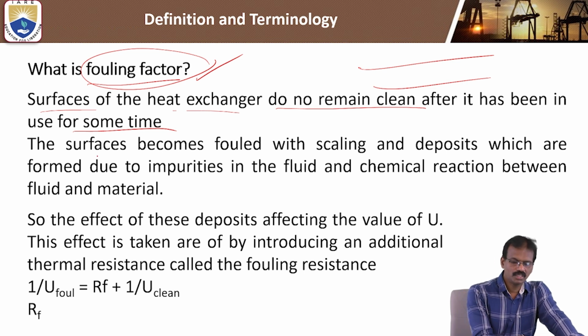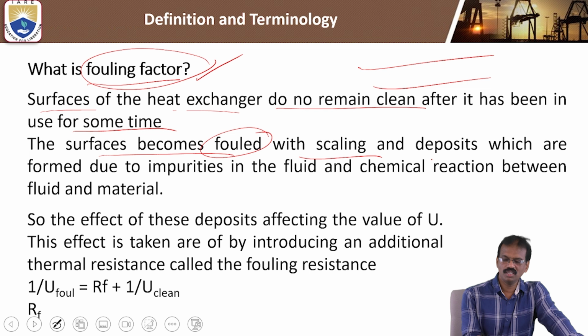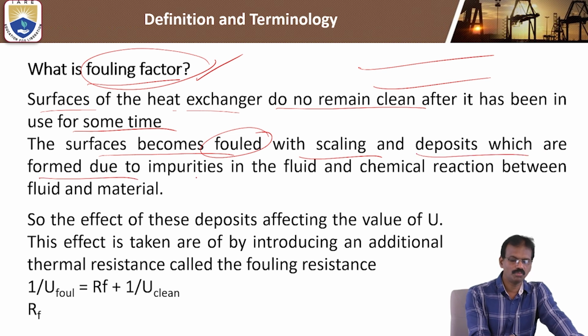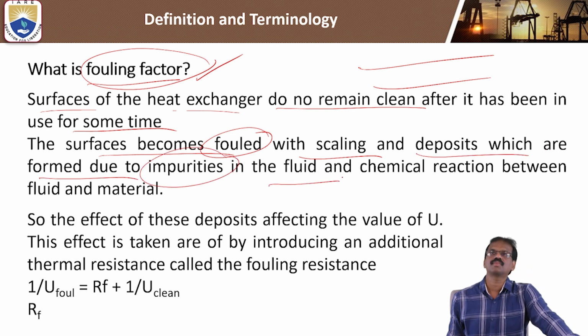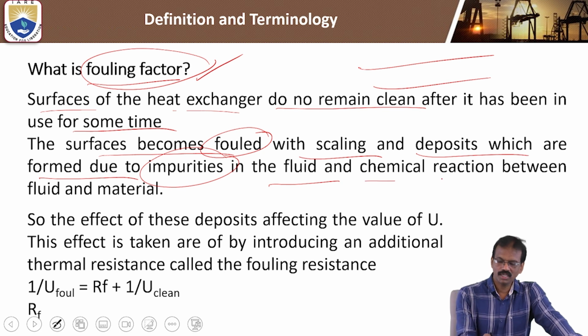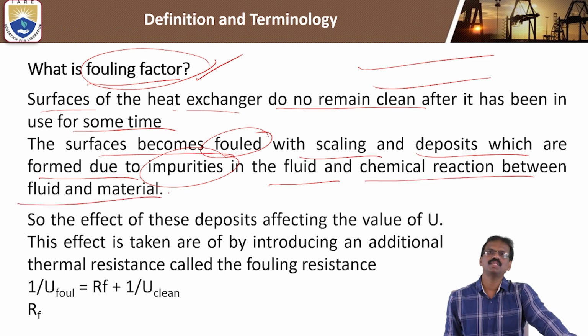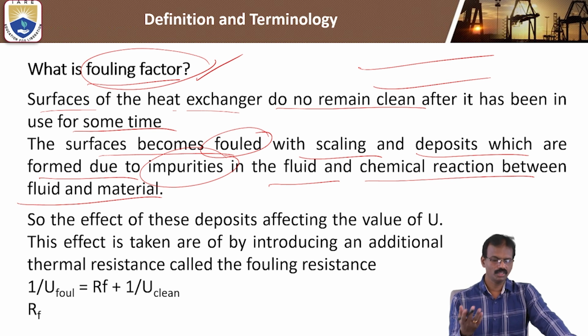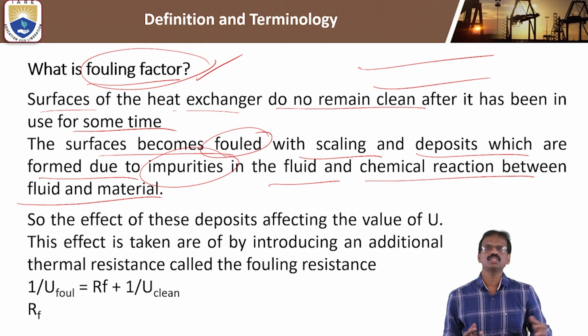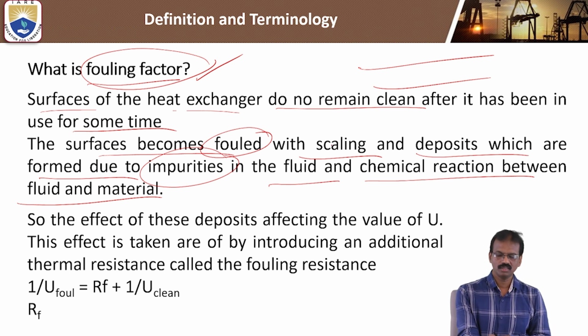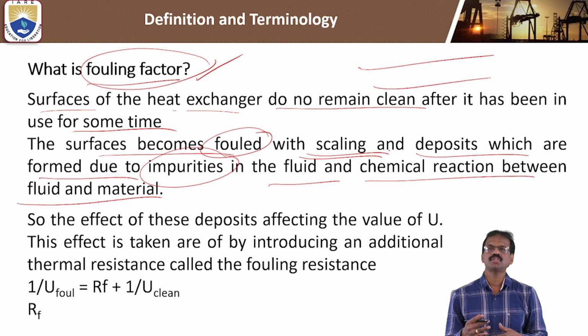The surfaces become fouled with scaling and deposits, which are formed due to impurities in the fluid, through chemical reaction between the impurities of the fluid and the pipe material. So due to this reason, scaling and sludges are formed on the surfaces.